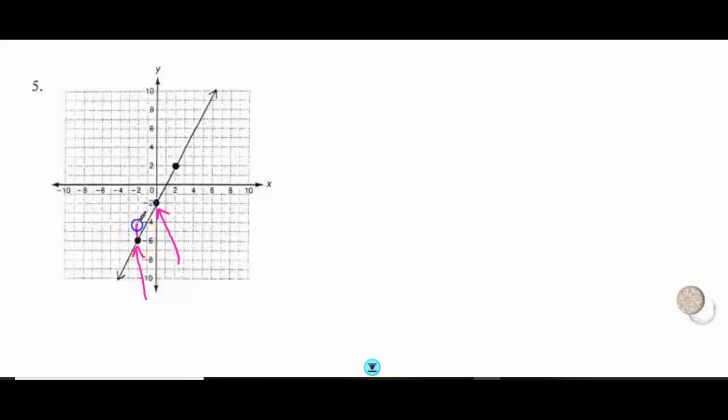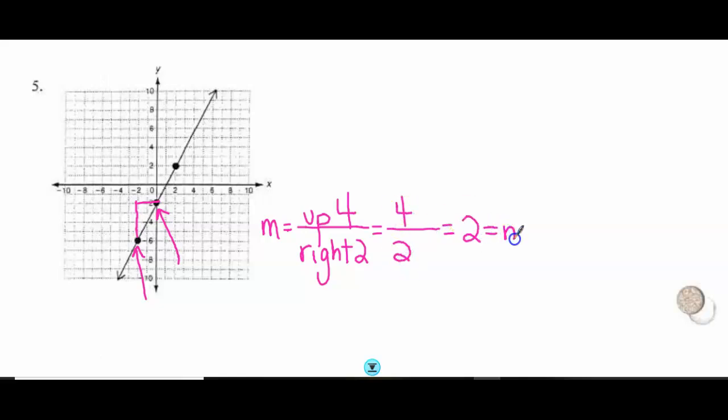I go 1, 2, 3, 4. That's up 4. I go 1, 2 to the right, right 2. That is positive 4 over 2. And that simplifies to be 2 for your slope. Yes, you can write 2 over 1 if you'd like.